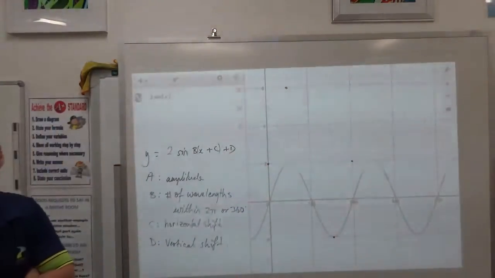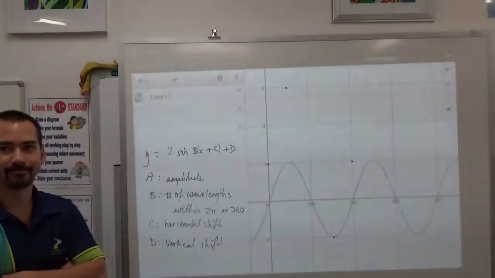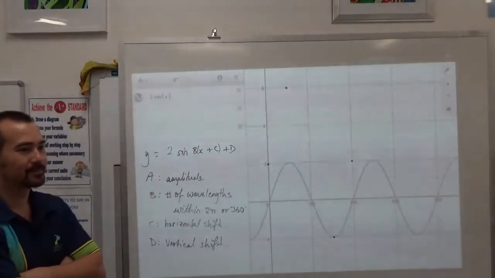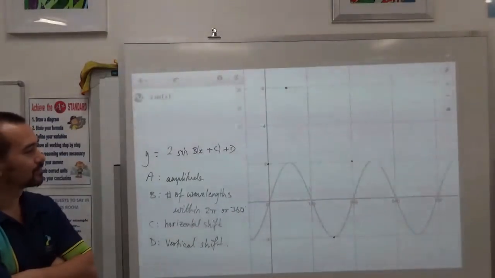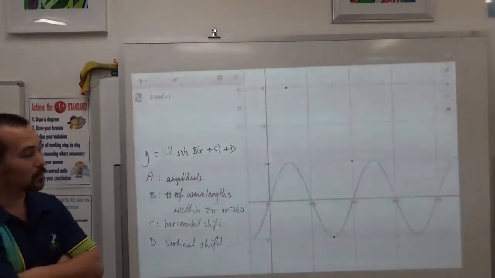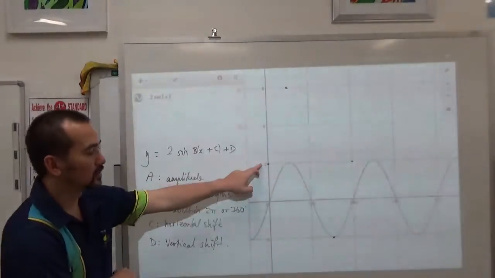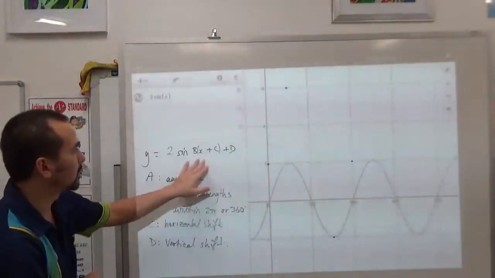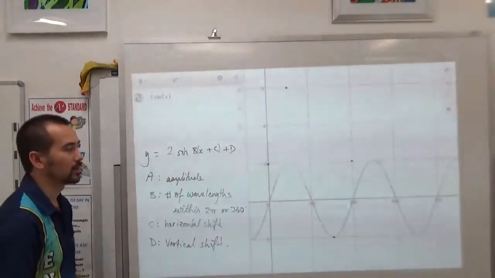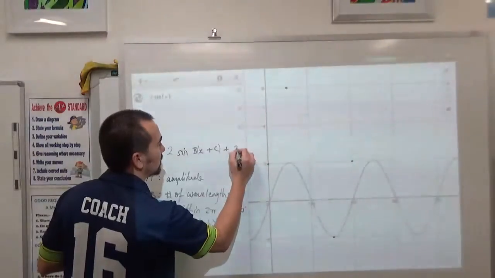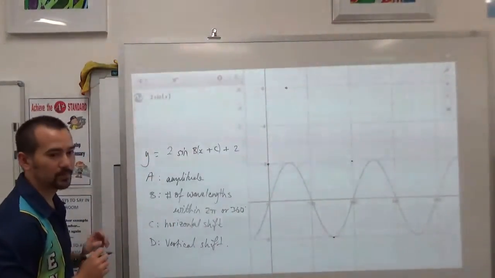What would the equation be? We would have to change the vertical shift. That's true. Change the vertical shift to 2. So what letter are we talking about? D. That's right, D plus 2. So that's now 2.